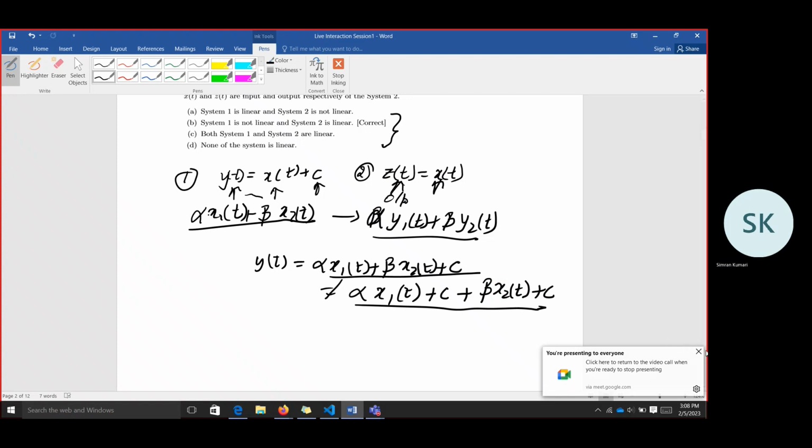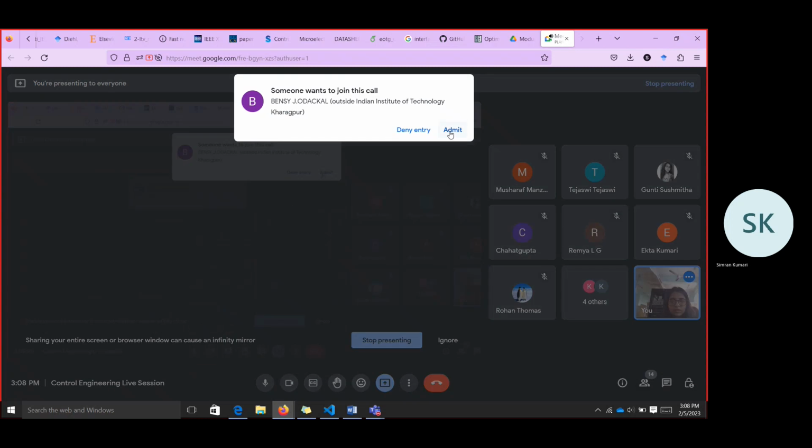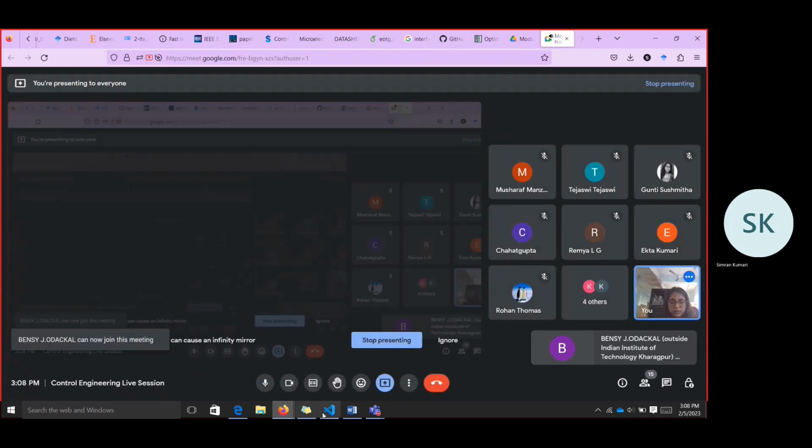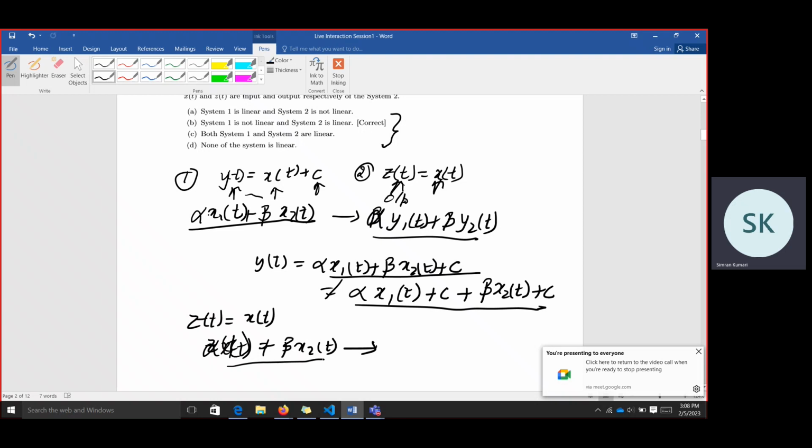The second system that we have is z equal to x(t). So if we apply alpha x1(t) plus beta x2(t), then the output will be simply this one only.